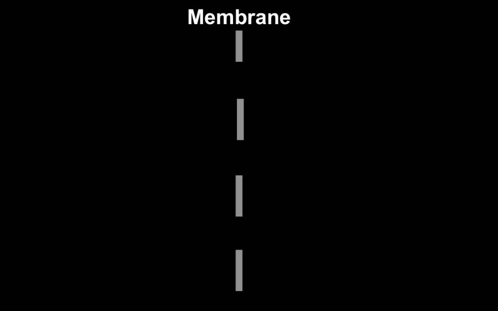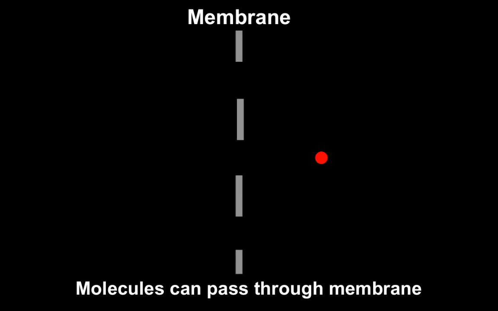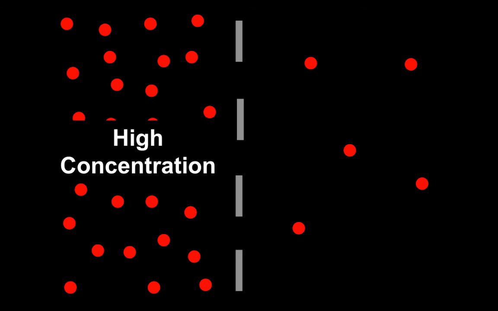And now, diffusion can also occur across a membrane. So remember, in this case though, the molecules can actually pass through the membrane. So in this case, I have a high concentration over here, low concentration over here. So again, passive moves from high to low.